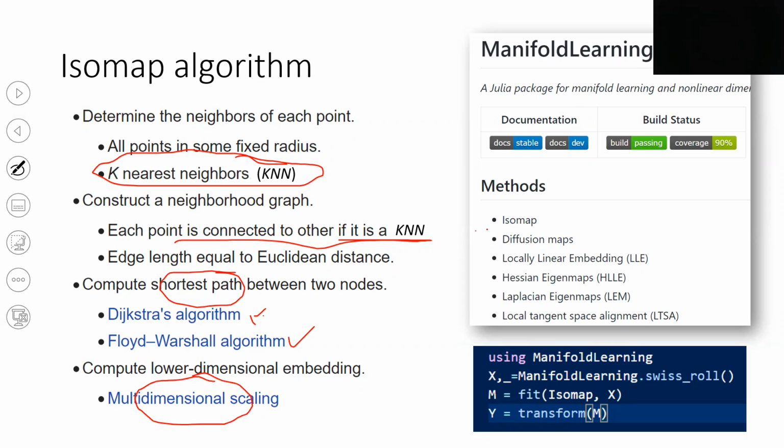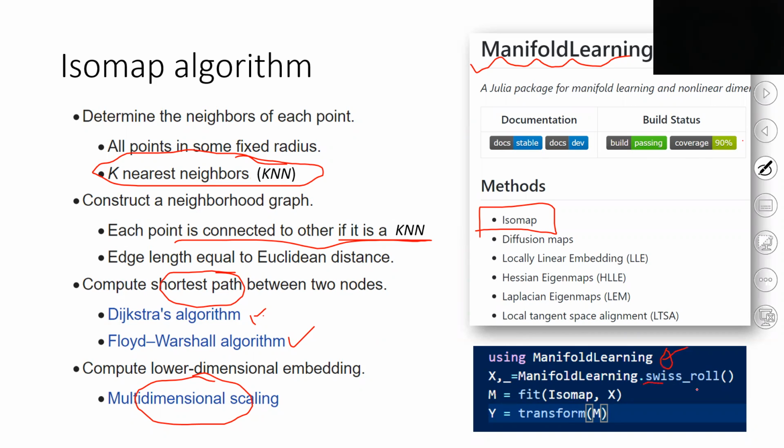So you see this method in the manifold learning package is always on the top because it's one of the simplest ones. So that's in the Julia package.